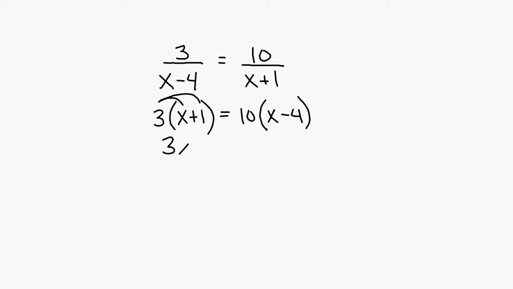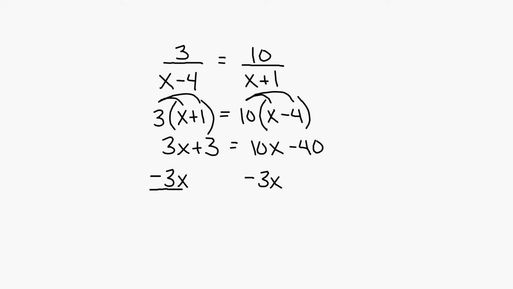So 3x plus 3 on the left is equal to 10x minus 40 on the right. So when there's a variable on both sides, I would move the smaller variable. So in this case, you could subtract 3x from each side. And the 3 would fall down, and it would be equal to 7x minus 40.